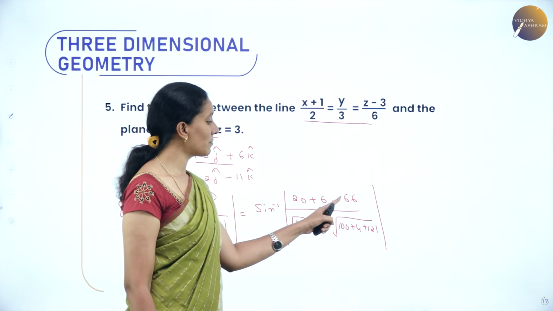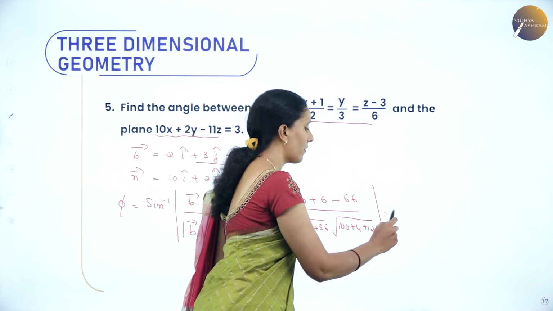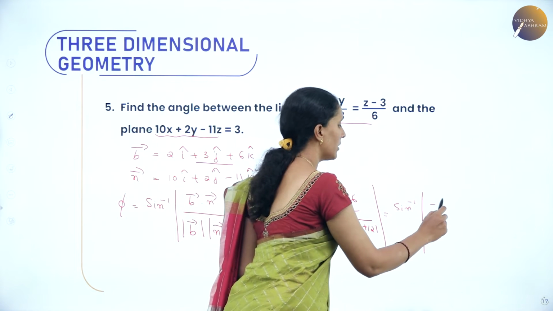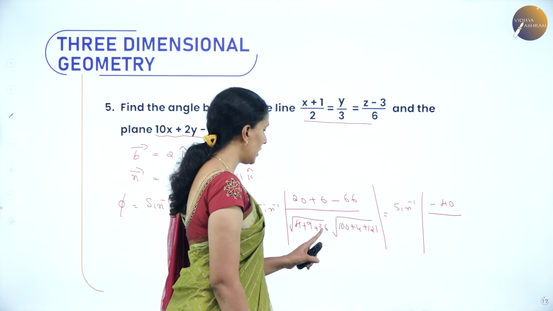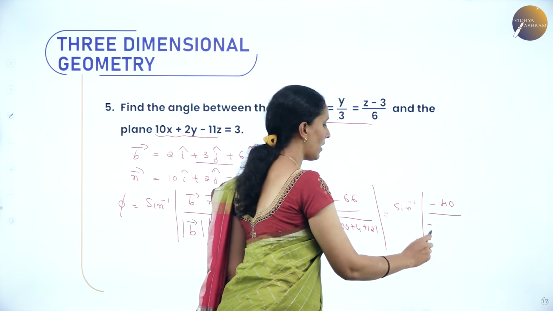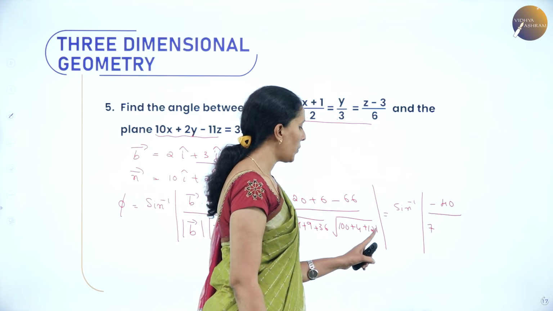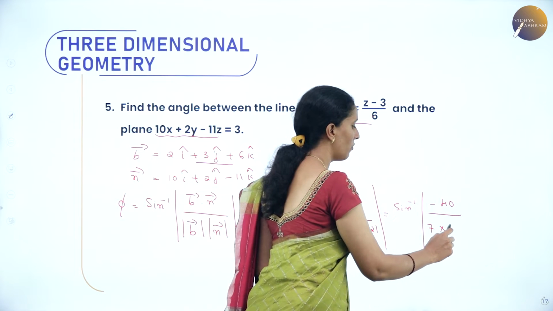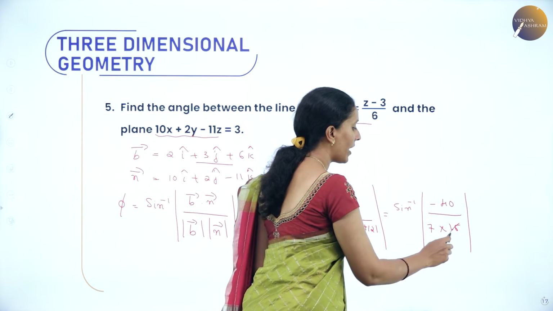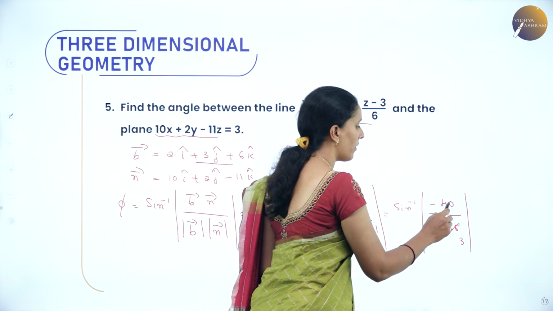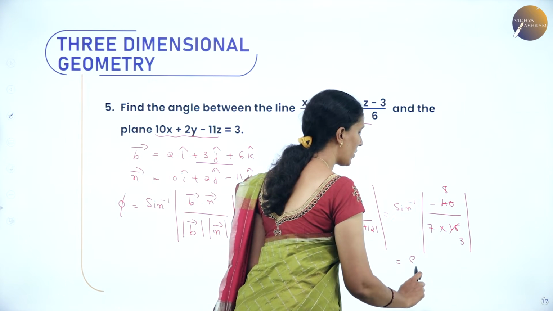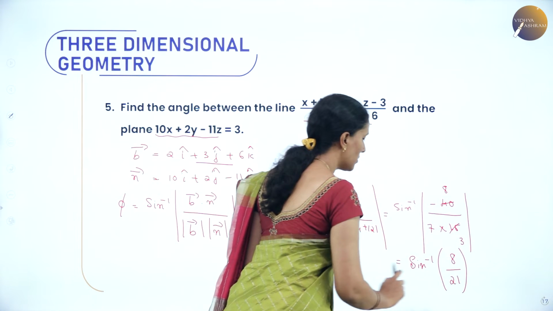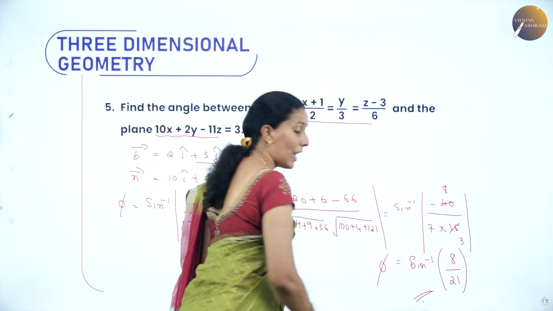Clearly we can see 26 minus 66 is minus 40, so I can write it as sine inverse of minus 40 divided by square root of 36 plus 4 plus 9, which is 49, so 7, and 100 plus 4 plus 121 is 225. Square root of 225 is 15. 7 into 15. So cancel it: 5 threes are 15, 5 eights are 40, or I can just write it as sine inverse of 8 by 21. So this is the angle between the line and the plane.